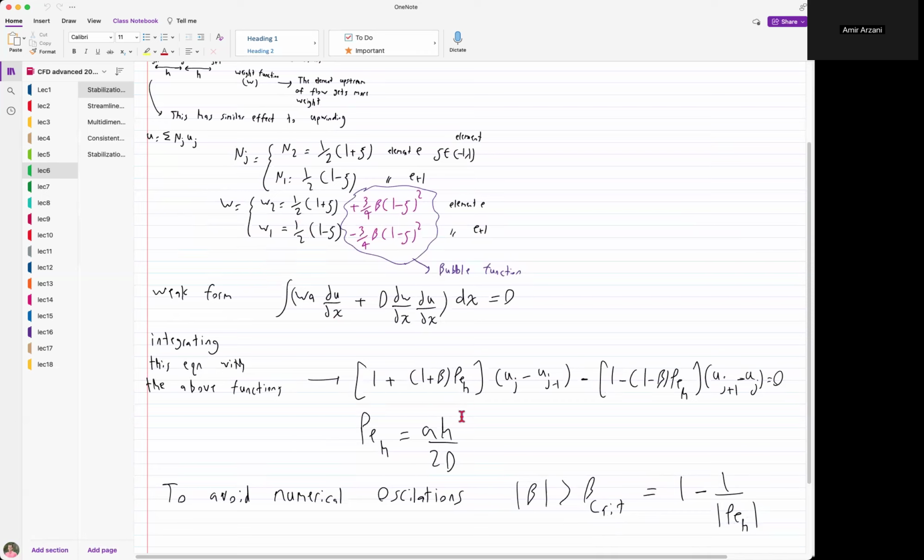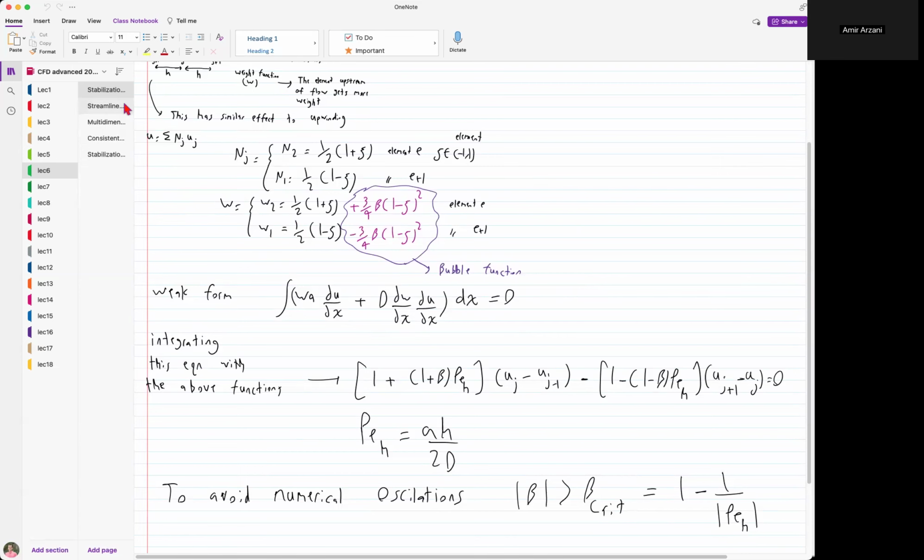So remember the grid Peclet number, which was the velocity A times h, the mesh edge size, divided by 2 times the diffusion coefficient. So this is how we can avoid numerical oscillation. Okay, so in this example, what you're really seeing is an alternative view to what we already presented with the 1D finite difference method. So now we're putting it in the context of finite element and Petrov-Galerkin framework.